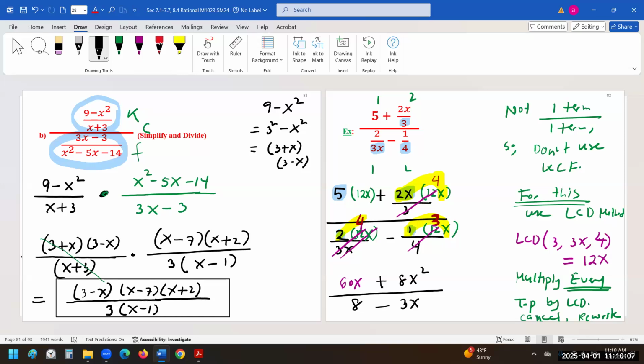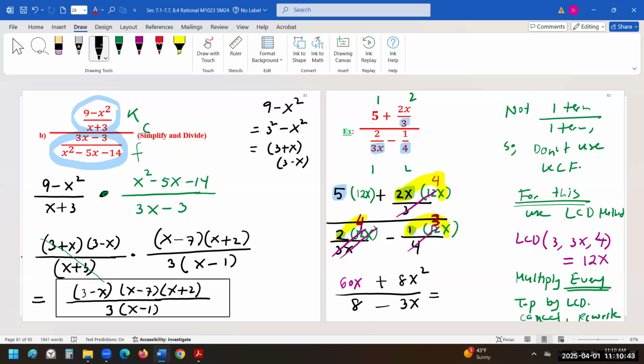So we cancel, we rewrite. And then if it's more factorable, you factor and cancel. And if it's not factorable, you leave it alone. Here we can factor the numerator, right? 60 and 8, they both are even numbers. And x and x squared, it's factorable. So let's factor one more line. 60 and 8, both of these are divisible by which number? The biggest number, which one?